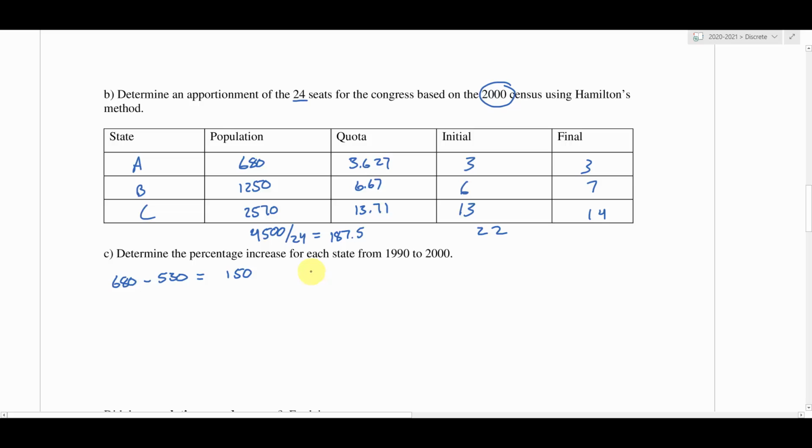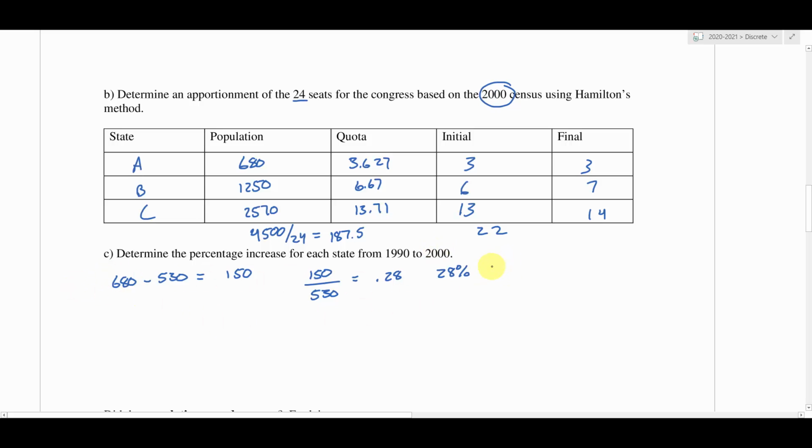So to get the percentage increase, we take 150 and we divide by 530, which was the population in 1990, because we want the increase from 1990 to 2000. Right? And if I divide those two, we get 0.28, which is a 28% increase in population from 1990 to 2000. Okay?